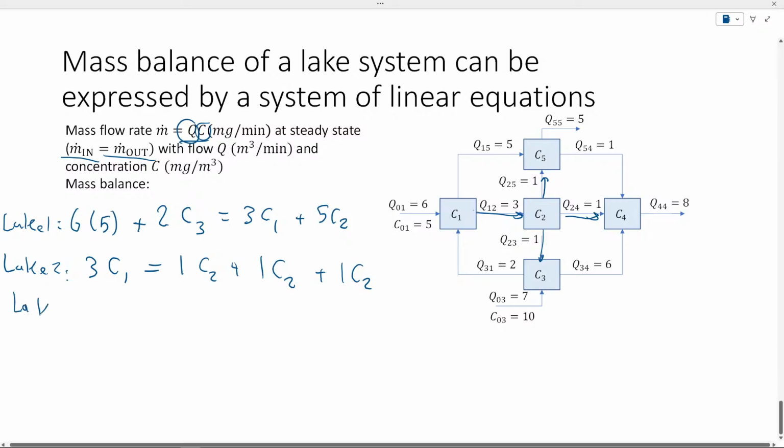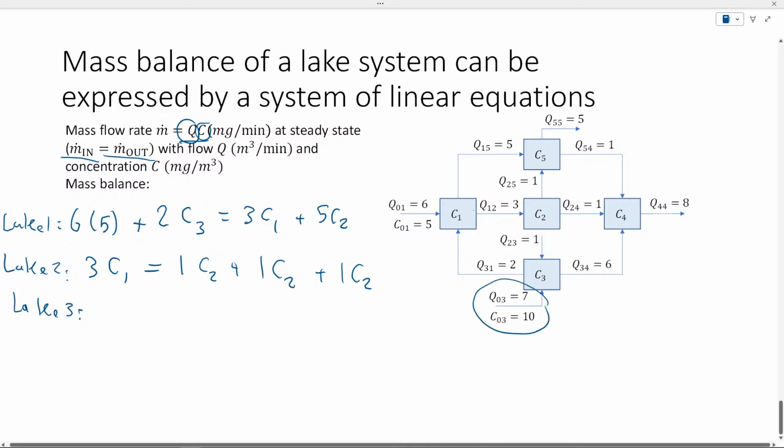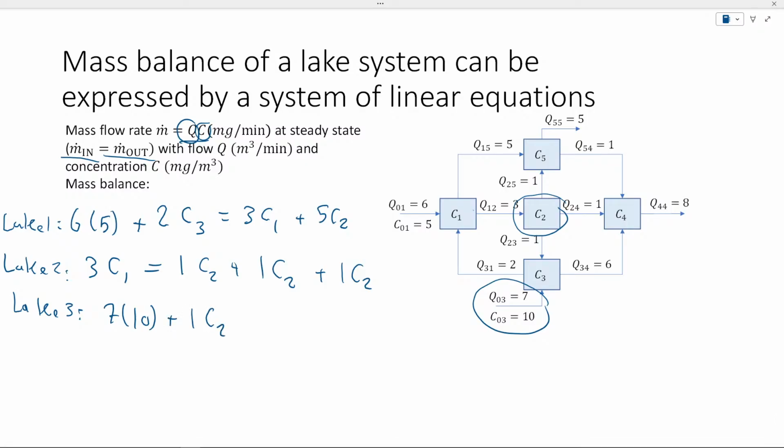Let's do lake number 3. What do I have at lake number 3? I have this guy coming in, so I have 7 of C03, which is 10. What else is coming in? I have 1 of C2.